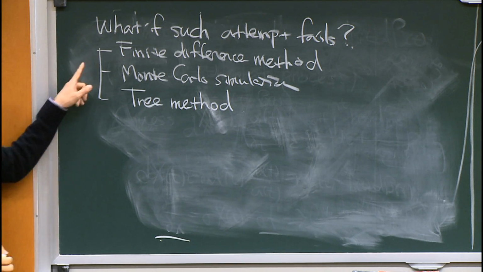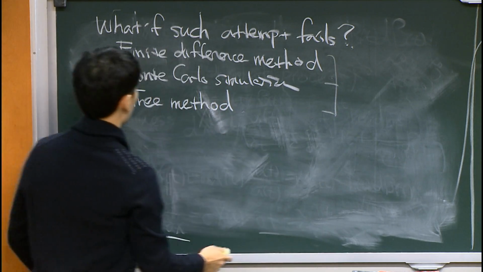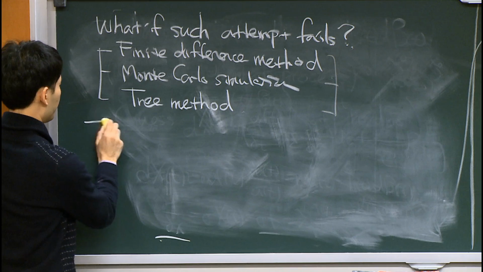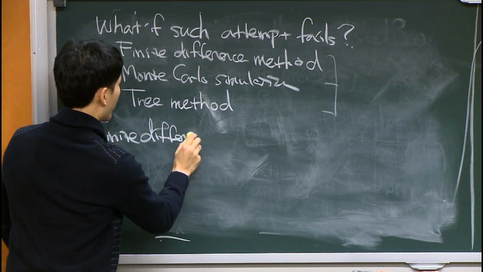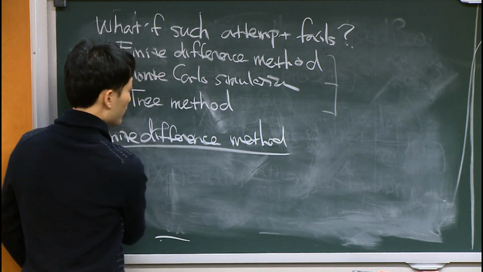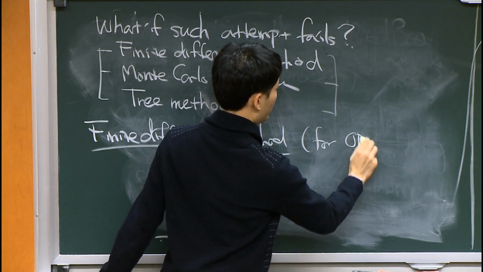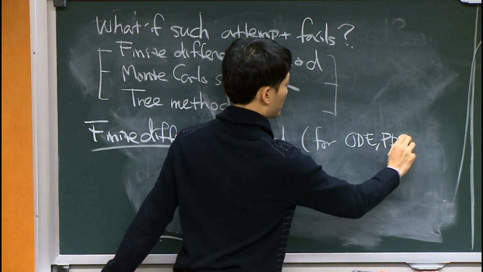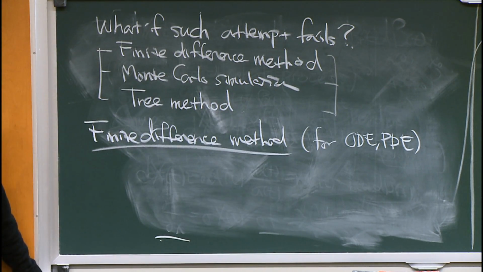The finite difference method, you probably already saw it if you took a differential equation course, but let me review it. This is for PDEs or ODEs, not stochastic differential equations. But it can be adapted to work for stochastic differential equations.